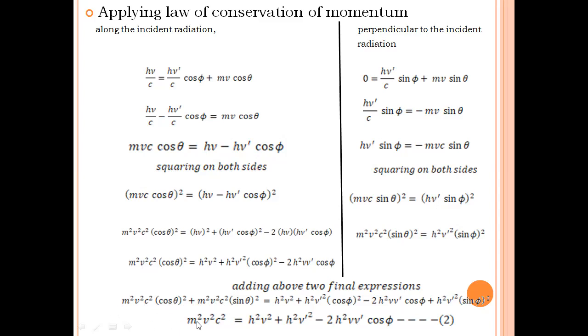So we are left with m square v square c square. On the other side, the terms get cancelled and you are left with h square nu square plus h square nu prime square minus 2h square nu nu prime cos phi. This is the final expression from the law of conservation of momentum.